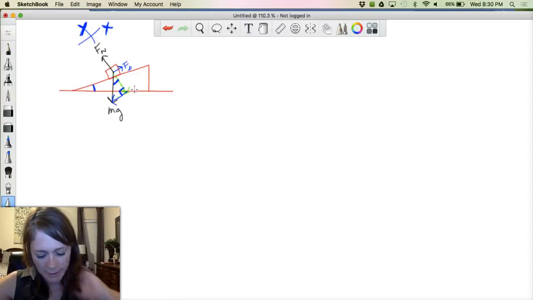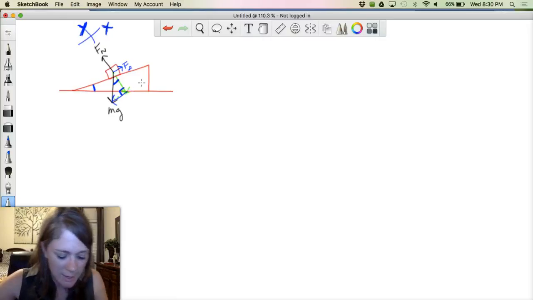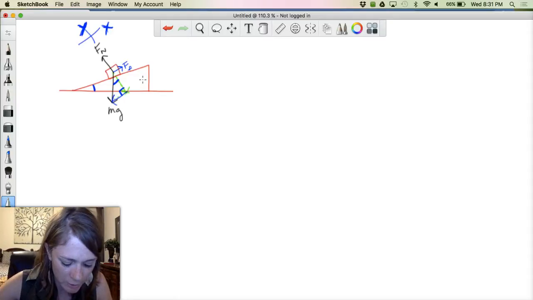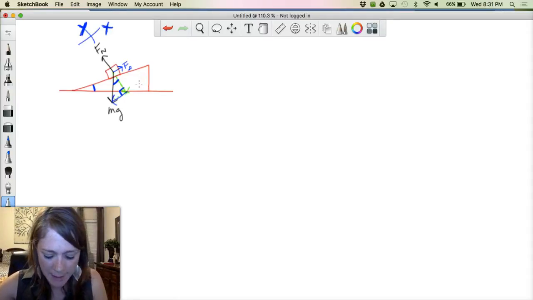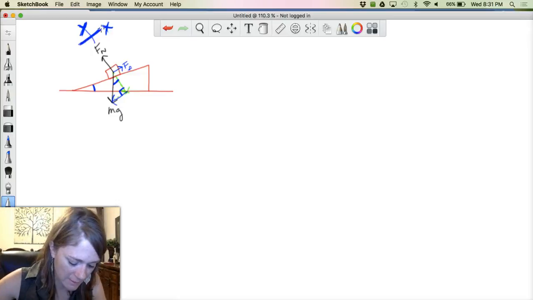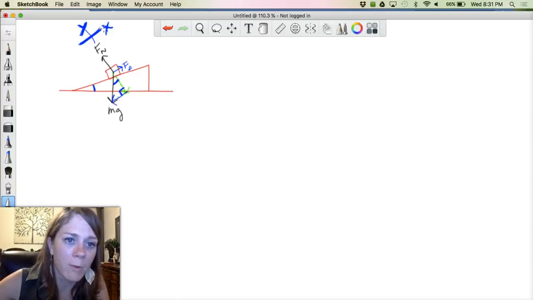And number 12 leads right into number 13. Notice that this diagram is used for question 12 and for question 13. I saw somebody ask for number 13 on the practice test. Number 13 says, which of the following correctly indicates the magnitudes of the forces acting up and down the incline? When they say up and down the incline, they want to know the forces acting in the x direction. What forces do we have acting in the x direction?